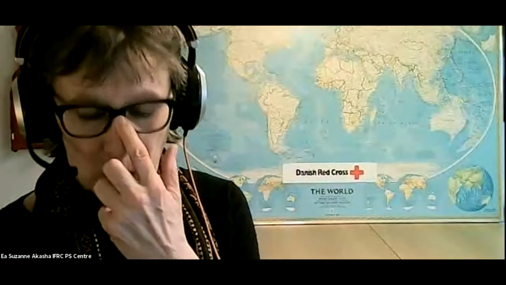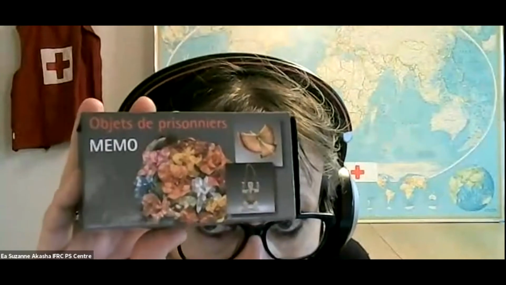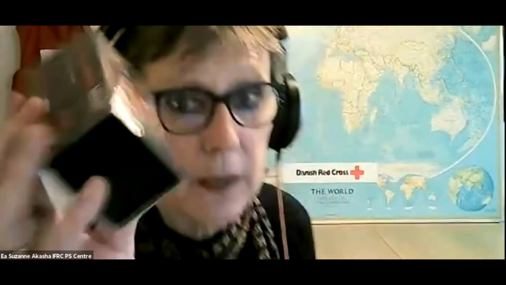And I'm going to ask Shona to help me here, because we're also going to talk about how we divide people into groups and pairs. And one thing we use in training is to have a memo game. This is an ICRC memo game with objects made from prisoners.